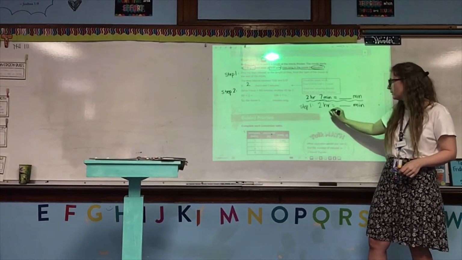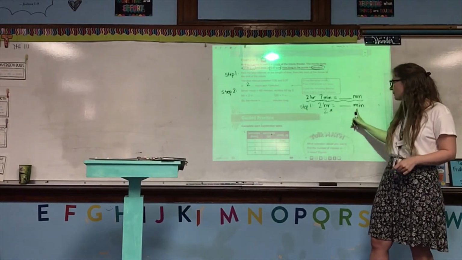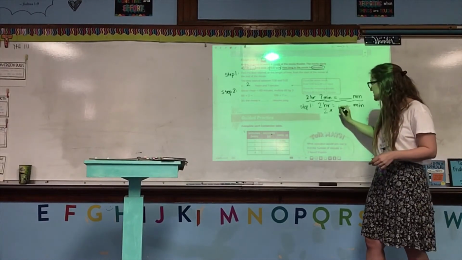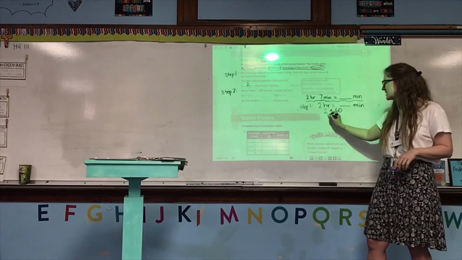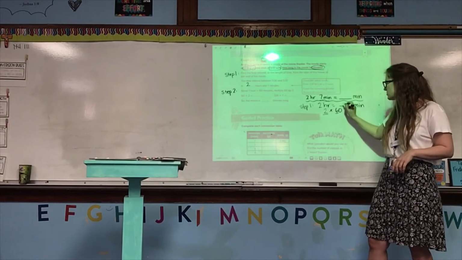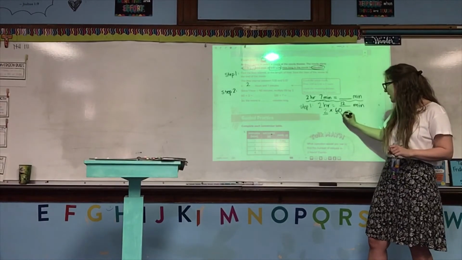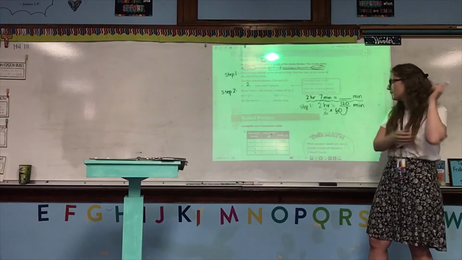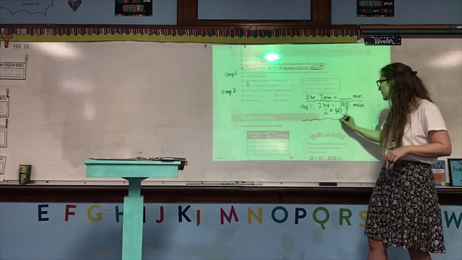We start with what we know, which is 2 hours, and we're going to multiply it by the number of minutes in an hour, which we know from our conversion chart is 60. 2 times 60, we can use basic facts and patterns. 2 times 6 is 12. We have 1 zero at the end of our factor, so we're going to move it to the end of our product. So that means that 2 hours is the same as 120 minutes.